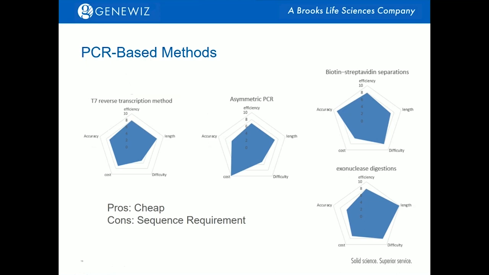So you will always have a partially digested single-strand DNA you want in your final product. So the residual level of either the double-strand DNA template or the other single strand is always a concern in PCR-based methods. Finally, the biotin-streptavidin-based approaches are more costly because of the beads and the affinity tag.